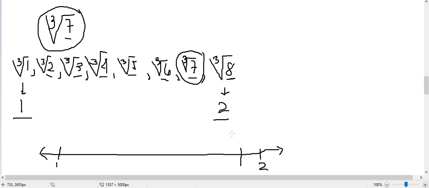So this is cube root of 7. Oh, sorry. That is cube root of 7. Okay. So that's all.